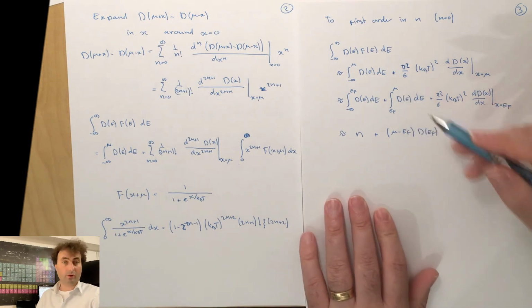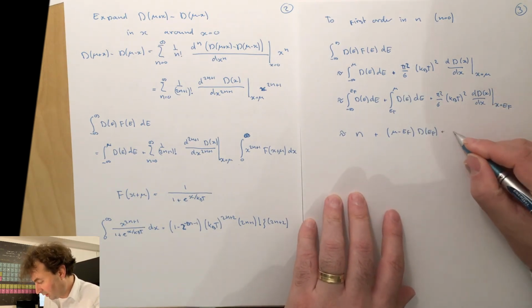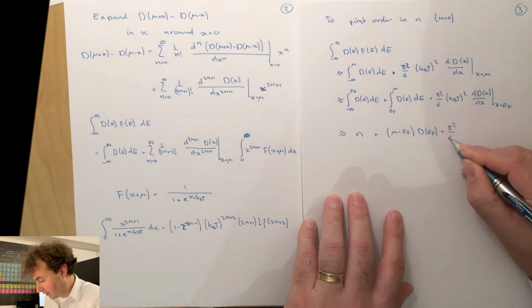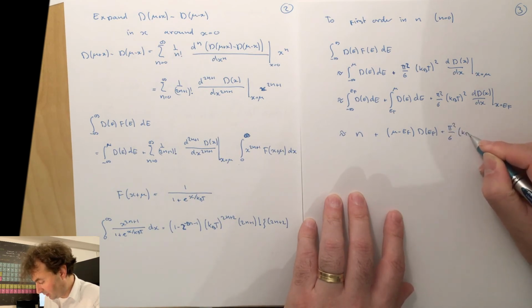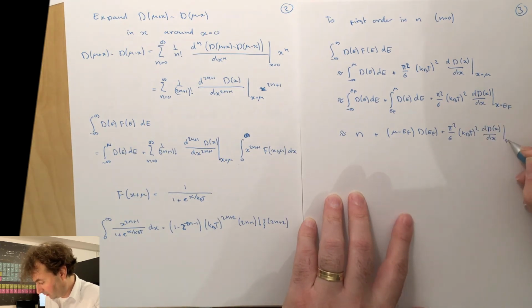And it's constant because my integration length is just very small. And the last term stays the same because we already made the approximations that we want to make here, at the Fermi energy.